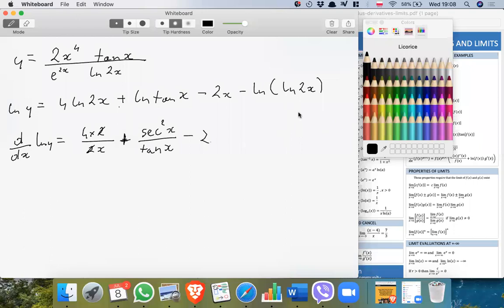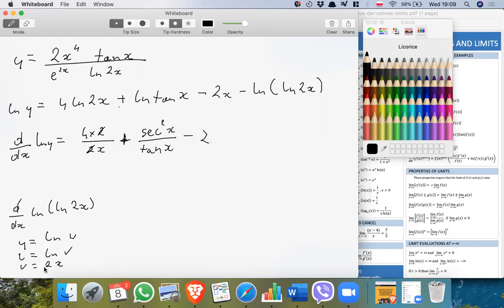So for the last function, I have to take this, this is my outer function. Let me maybe do it over here. So I have d over dx of ln of ln 2x. So y equals ln of u, u equals ln of v, and v equals 2x.